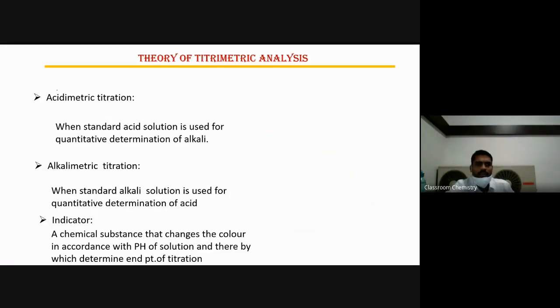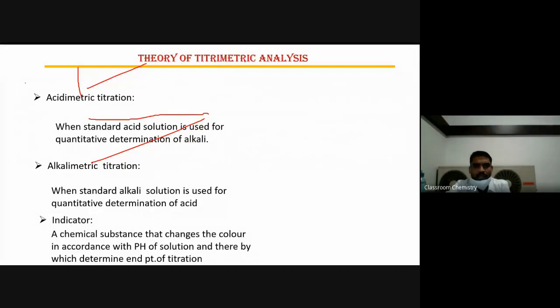Then again, in our syllabus there are acidometric titration and alkalimetric titration. What is acidometric? When a standard acid solution is used for quantitative determination of alkali. In simple terms, when acid is present in the burette, then this is acidometric titration, because in the burette we always fill the solution of known concentration.